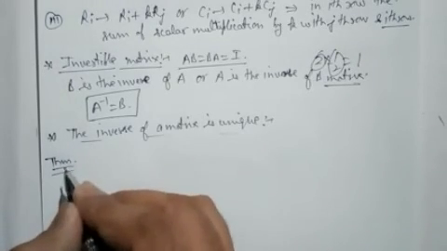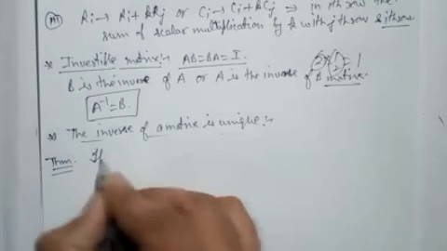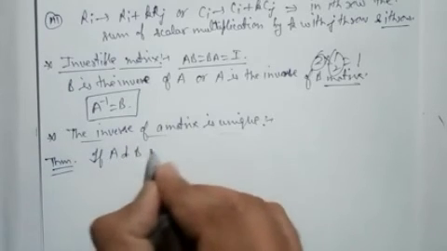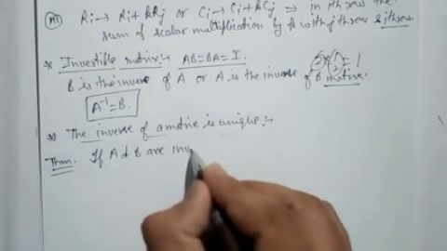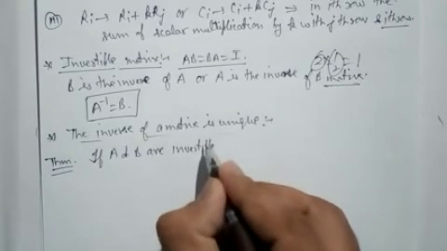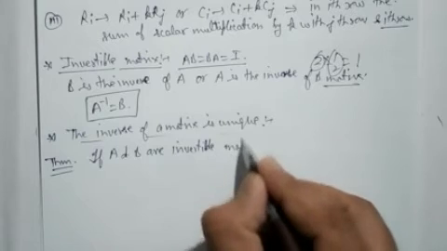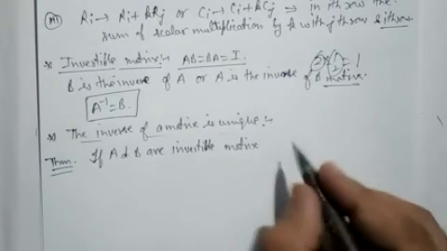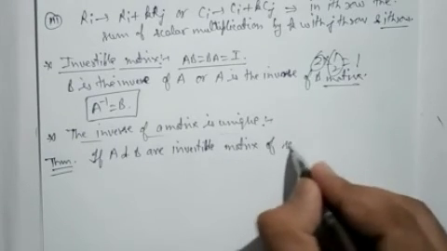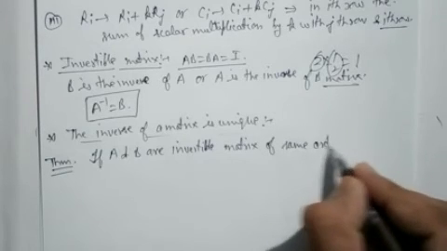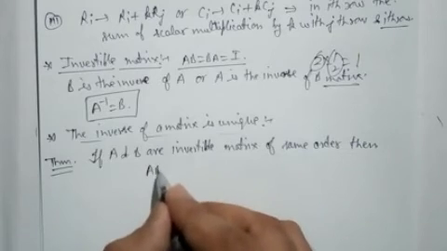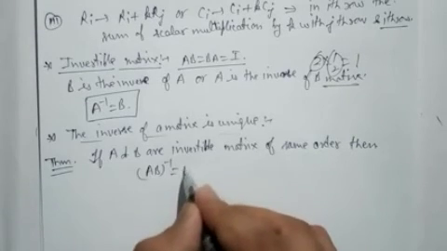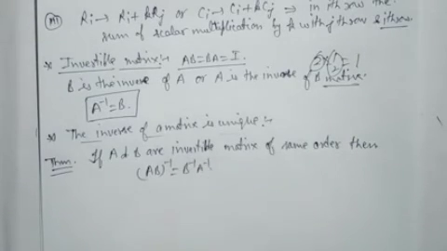Next theorem is, if A and B are invertible matrices of the same order, then (AB) inverse equals to B inverse A inverse, like transpose.